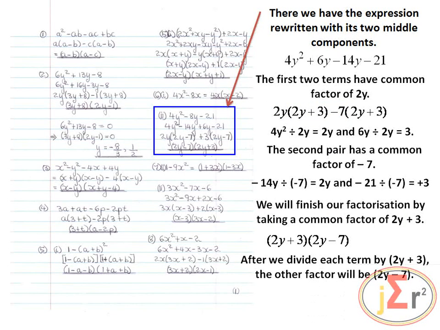And I'm hoping that at this stage, there's no mathematics camper who imagines that the 2y minus 7 just appears in the other pair of brackets, because we have shown before how we divide each term by its common factor, arriving at a situation that is similar to this one on a few occasions.